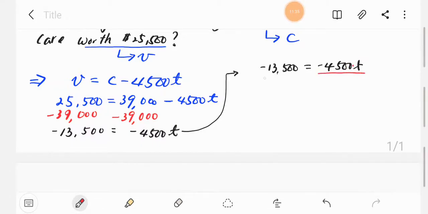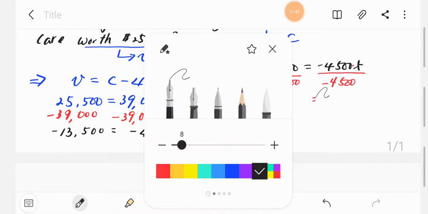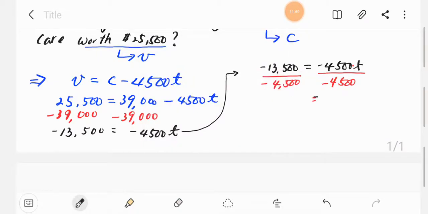So you can divide each side by the coefficient, negative 4,500. So the right side becomes just t. And then the left hand side, when you divide this, 3 times 4 is 12, 15, right? So that is 3. So the value of t is 3.